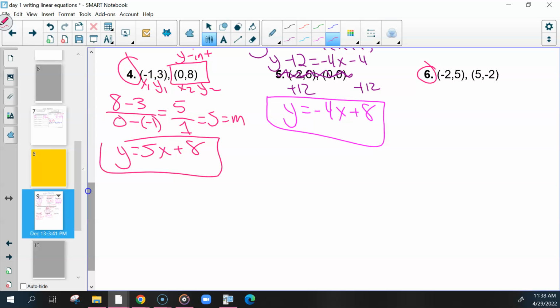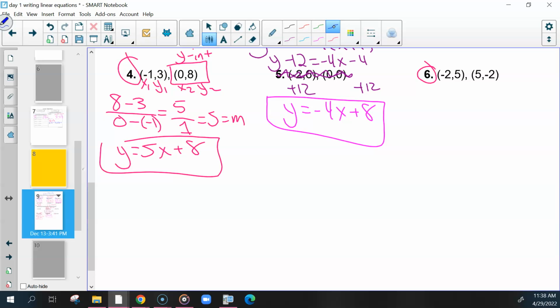Now if you didn't remember that you were given your y-intercept, you could go back and put one of those points in and find that same y-intercept. Do we have any questions on the problem? And last one, number 6.